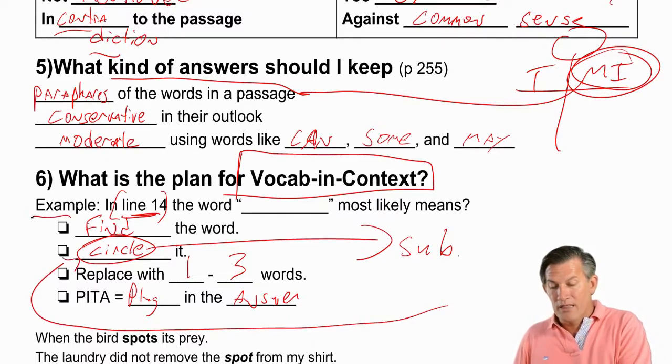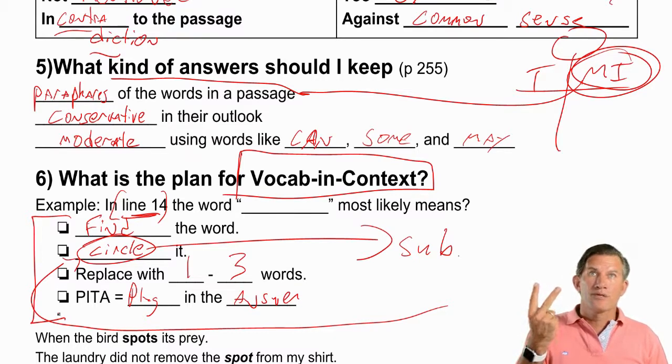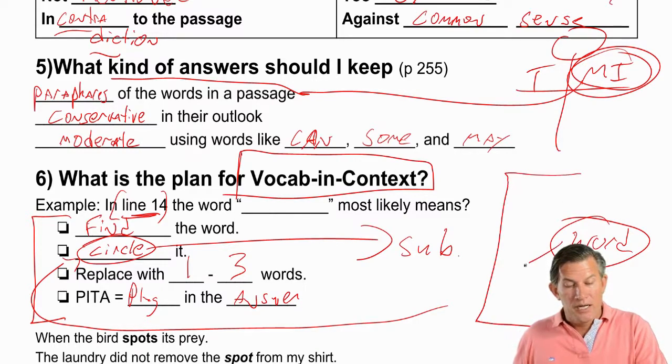What I want you to do is read a little bit above and a little bit beyond. So maybe the sentence before, the sentence during, whatever the word is, and then the sentence after. So here's the word, you circle it, you read a little bit above and a little bit beyond, and you substitute in 1 to 3 words.